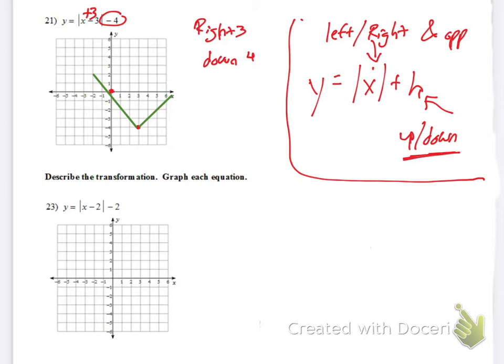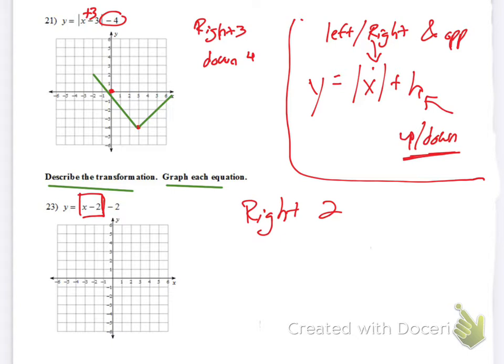All right, so then for 23, we have to describe the transformation and graph each equation. So we're doing the same exact things. We just have to put it in words and then graph it. It's telling me on the inside here that it's x minus 2, so negative 2. We're going to do the opposite, so it's going to be plus 2. On the inside it says go left or right, so I'm going to go right 2 because it's a positive.